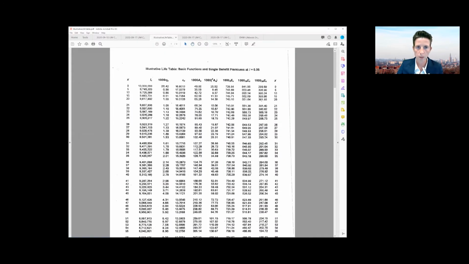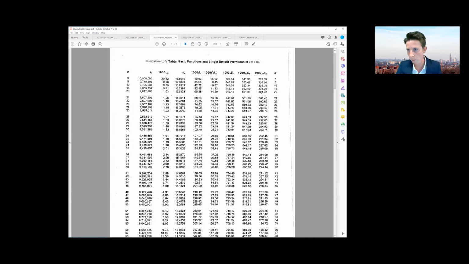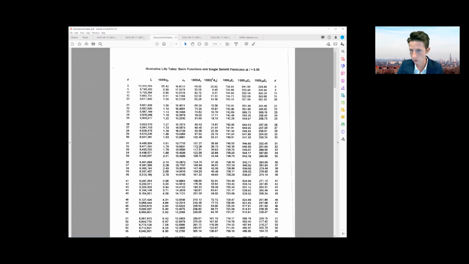Well, this life table looks like this, right? So what you see is you've got LX, you've got QX, you've got the EPV of a whole life annuity, you've got the EPV of a whole life insurance, you've got some pure endowment expressions, and you've got it for multiple ages X, right? And for a given interest rate, so in this case, it's for an interest rate of 6%. So that's the only thing you can use to come up with a numerical value for this EPV, right?